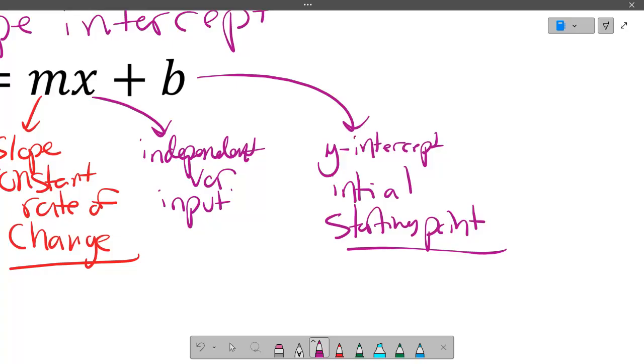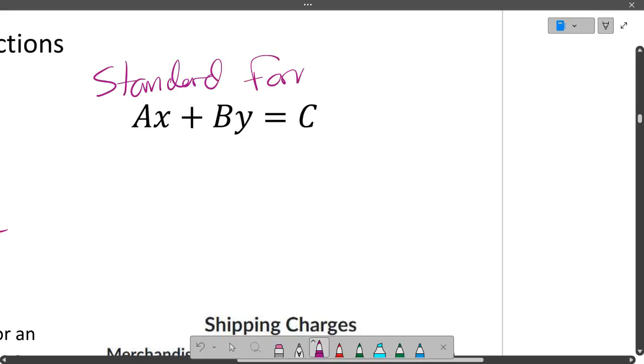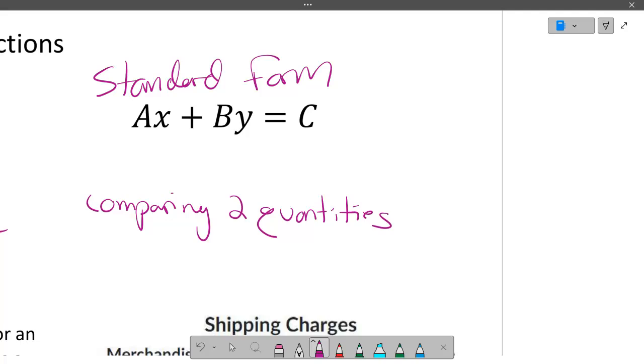But not every context is modeled easily by slope-intercept form of an equation. The other type of equation that we have is our standard form. This is most useful when we're comparing quantities. When there's a direct relationship between two distinct quantities, they give us two variables, and we typically use the standard form to describe that relationship.